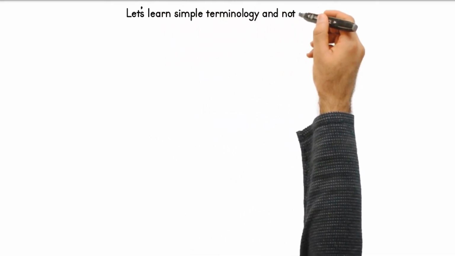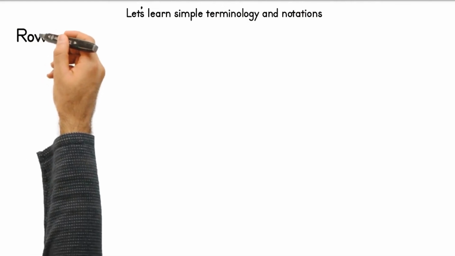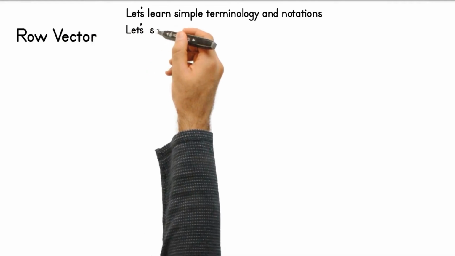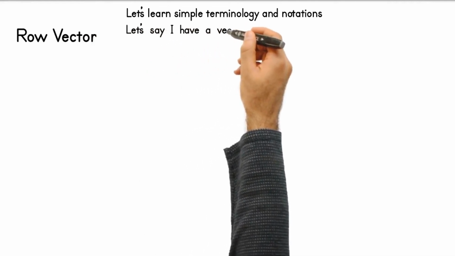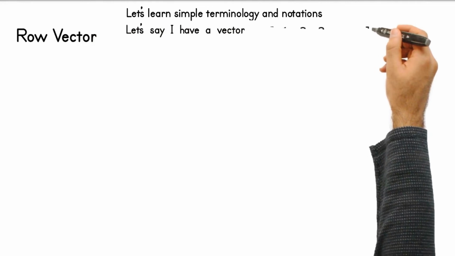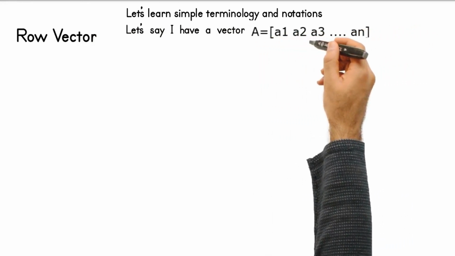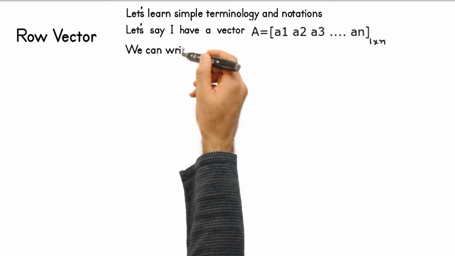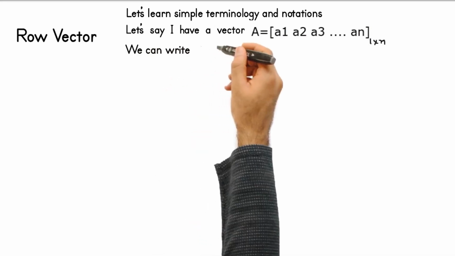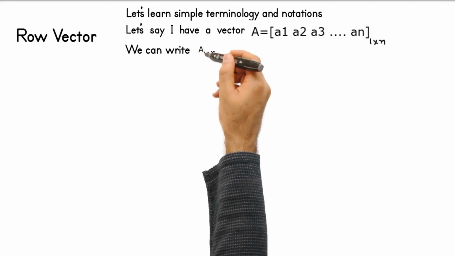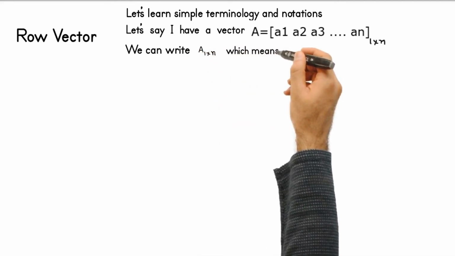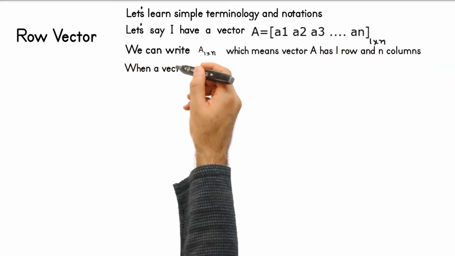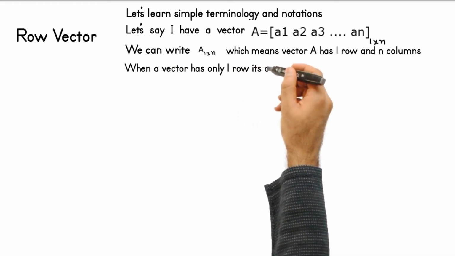Let's learn simple terminology and notations here. We have, let's say, vector A as A1, A2, A3, ..., An. Here A has n components, so it has 1 row and n columns. So when we have something like this, we write the subscript as 1 cross n. Here 1 represents the number of rows and n represents the number of columns. We can write A subscript 1 cross n, which means vector A has 1 row and n columns.